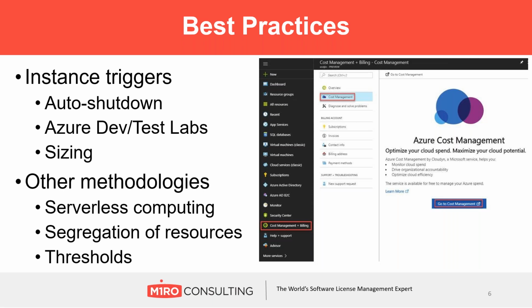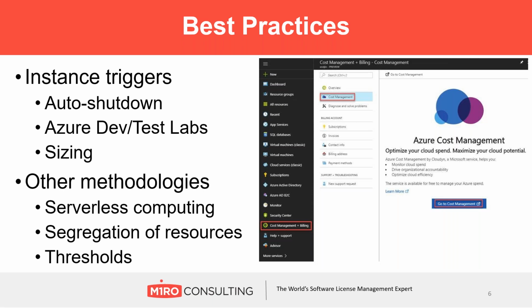So thresholds, finally, speak to limitations on Azure instances for subscriptions, evaluations, and other services that are credit-based. Okay. Now, I wanted to point out that this webinar is essentially about overall cost management of Azure.